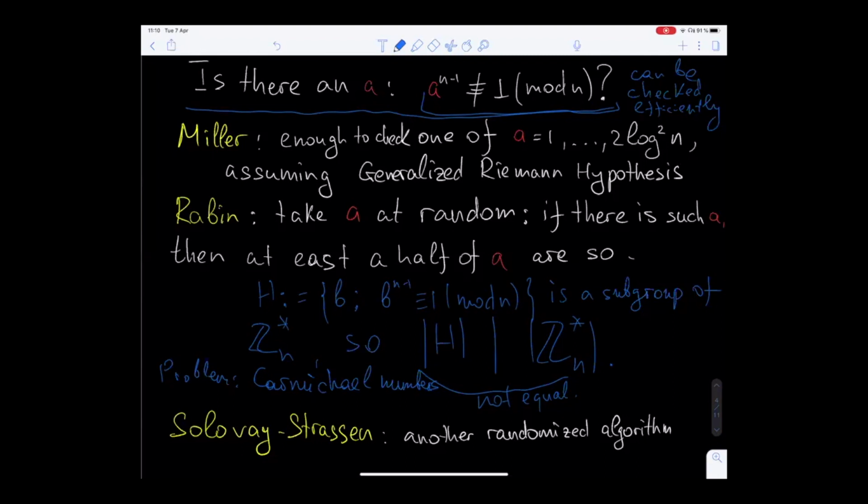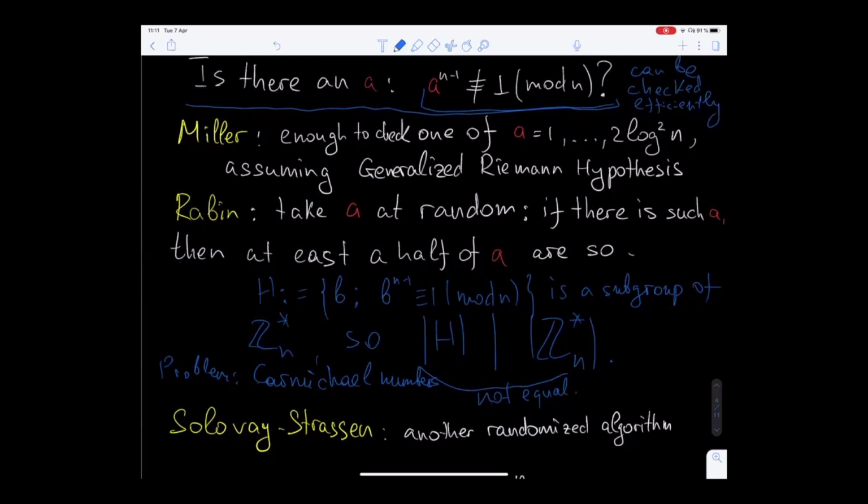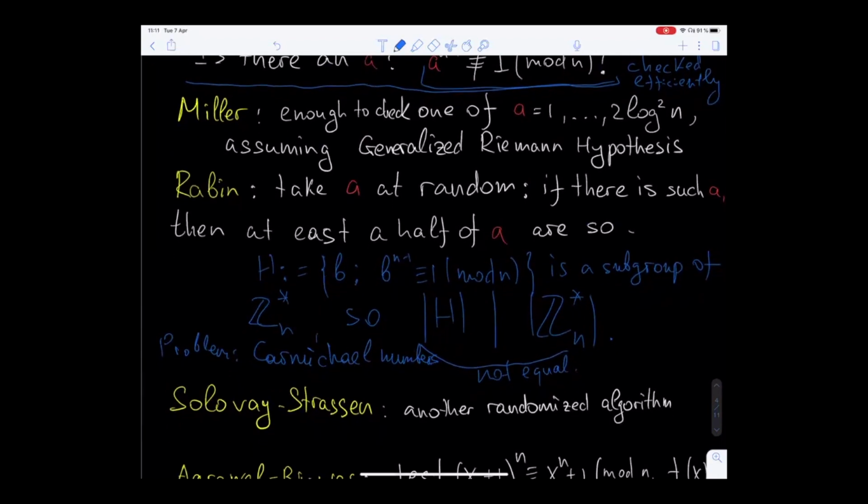But on the other hand, you can just do it in a very efficient and simple way by taking numbers at random, and you don't need to condition on anything. This was a big success, and that became the start of randomized algorithms.